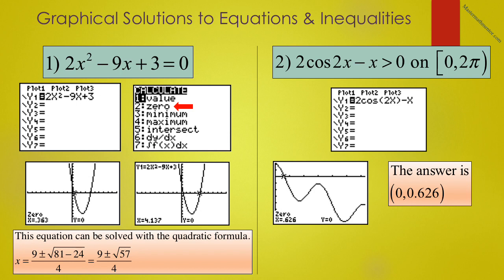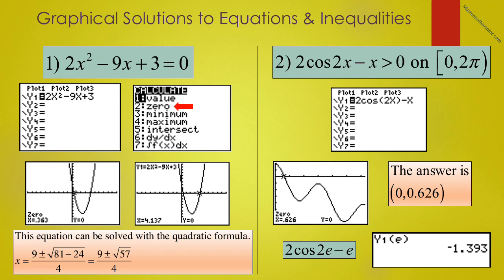When we graph, we can see that our function is above the x-axis clearly in one interval. So we still use our zero function to find the zero of the function, and we get 0.626. So our answer is that 2 cosine of 2x minus x is greater than 0 on the interval 0 to 0.626.